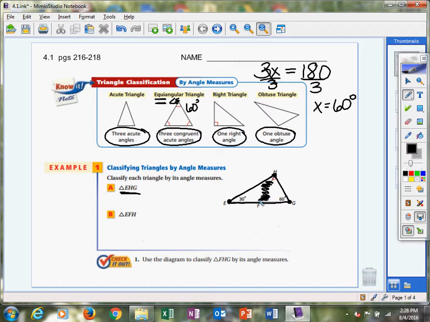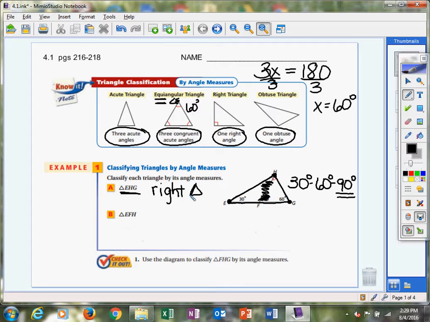So what we have here is a 30, 60, 90 triangle. I always try to look for the biggest measurement. That's what I tend to lock in on. And I go, okay, the biggest angle measure is 90 degrees, and there's only 1 of them there.